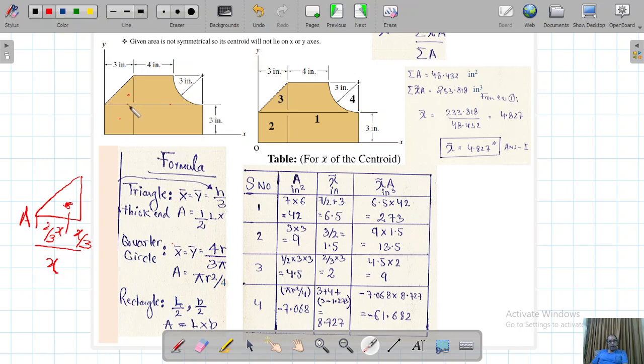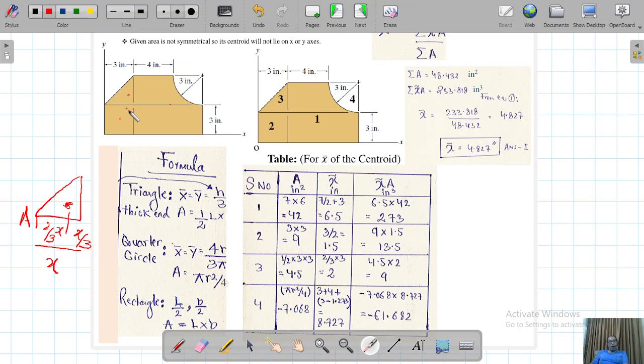So the thin side will be h by 3, which you can say is x by 3, and the other will be 2x by 3. Along y, it will be h by 3.